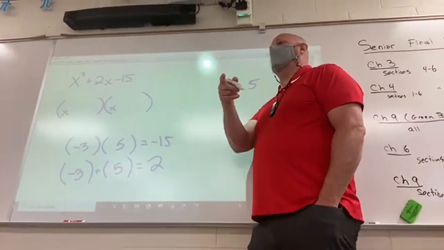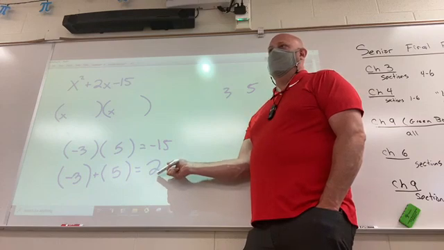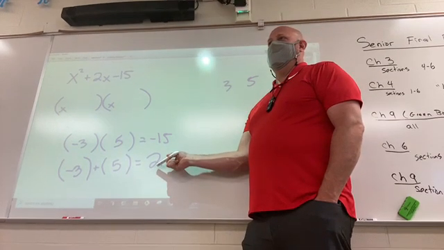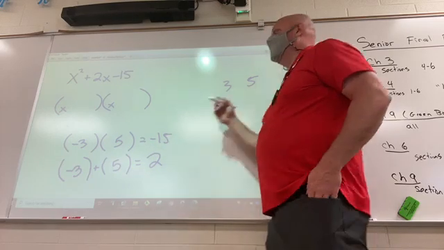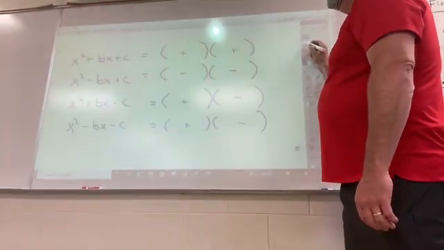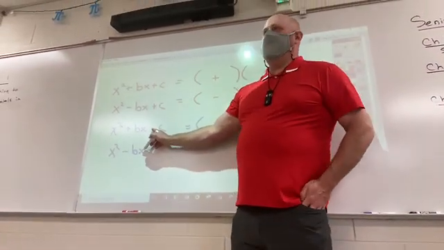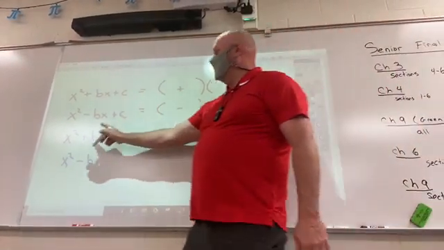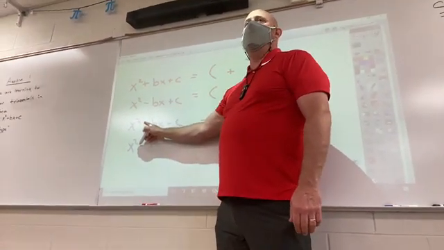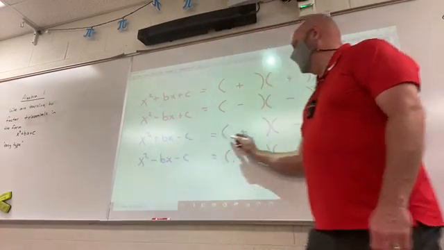How did you know the 5 was going to be positive? The bigger number basically has to end up being the positive. So, when you do this, if this is a negative, our signs have to be different. If this is a positive, which number is going to end up being the positive number?